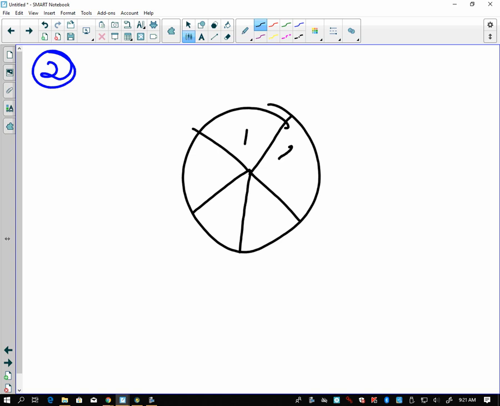Mine isn't spectacularly accurate, but we've got a spinner here. This experiment consists of spinning a spinner as shown. All outcomes are equally likely, meaning all the pie pieces are the same size. What is the probability that the spinner will land on an even number?